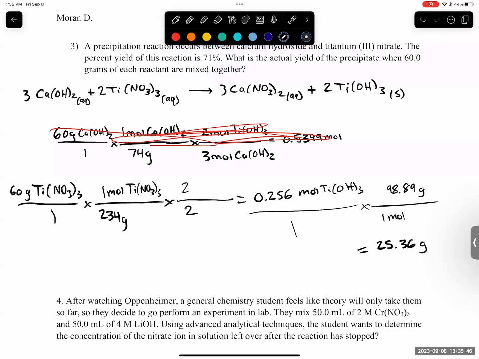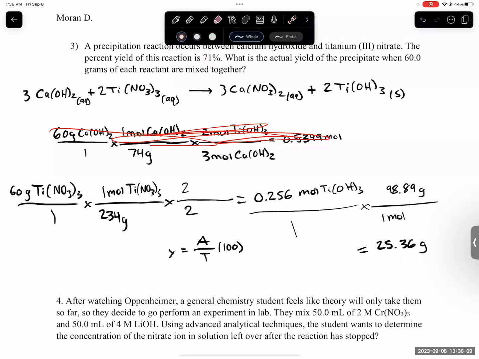All right, so now this is our theoretical yield, right? So now it's asking for our actual yield. We know that our percent yield is equal to actual over theoretical times 100. But if you change the 71% to a decimal, you don't need to include the 100.